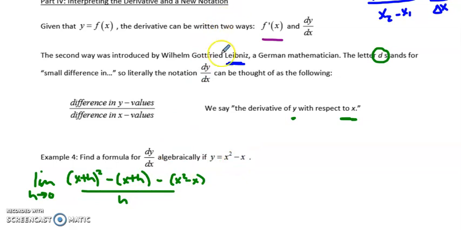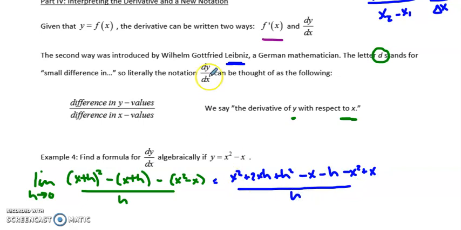And now we're going to do a whole lot of foiling. So let's FOIL the first term to get x squared plus 2xh plus h squared. Let's distribute this negative sign to have minus x minus h, and then distribute this negative sign to get minus x squared plus x. That is all over h.